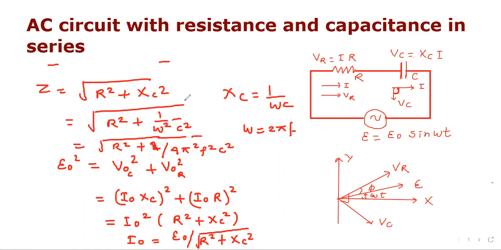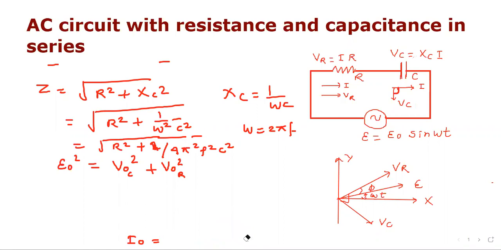Here we try to find the phase. So for the phase angle, we draw the impedance triangle. Suppose this is XC and this is R. This angle is phi.